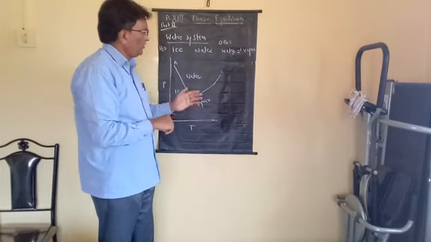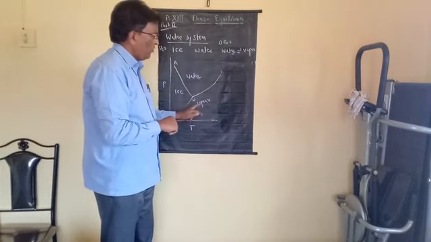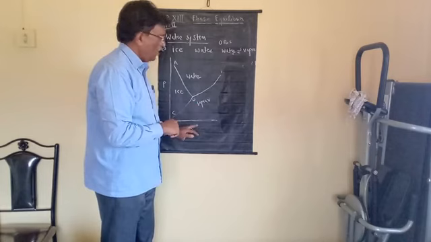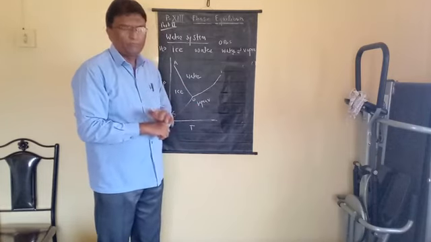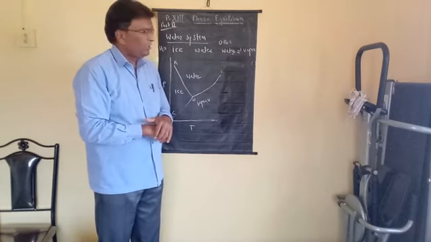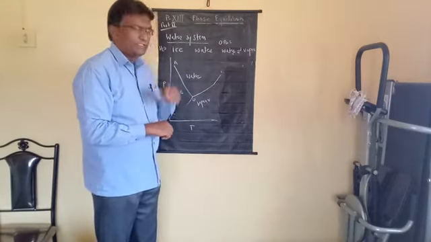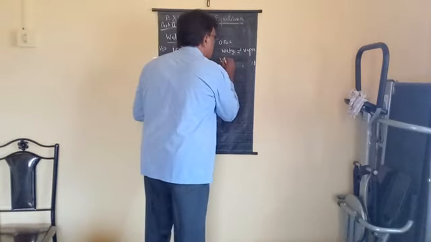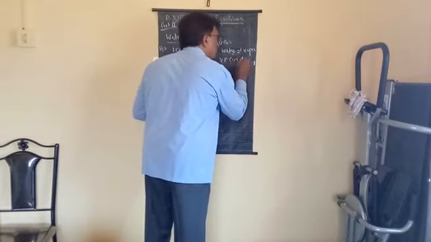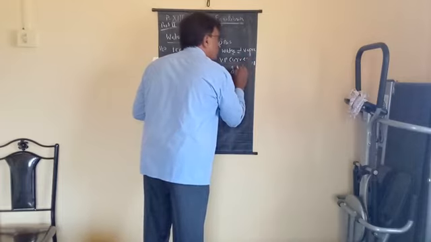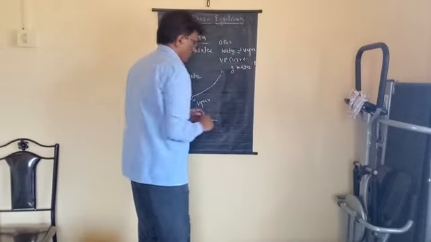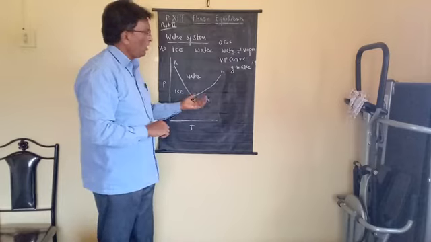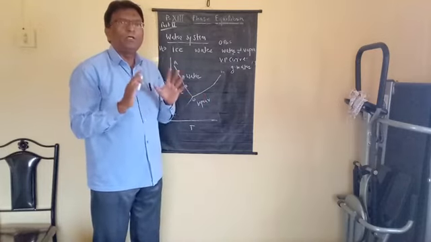That means along this curve we can measure the vapor pressure of water with varying temperature. Therefore, it is called the vapor pressure curve of water, or it may be called the boiling point curve of water.